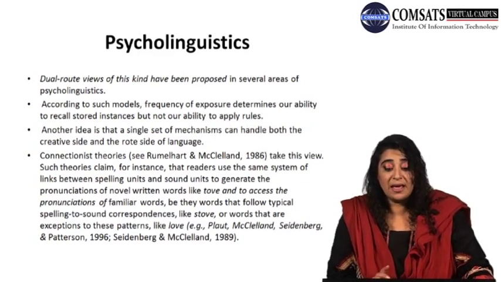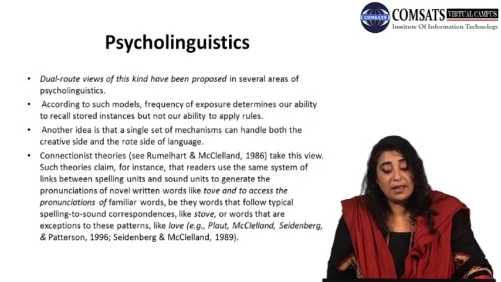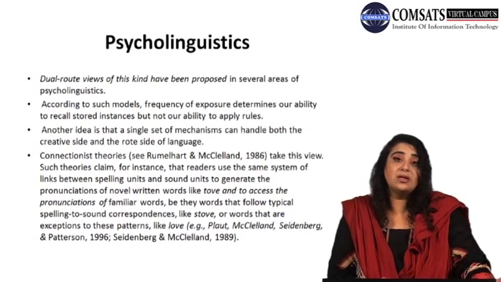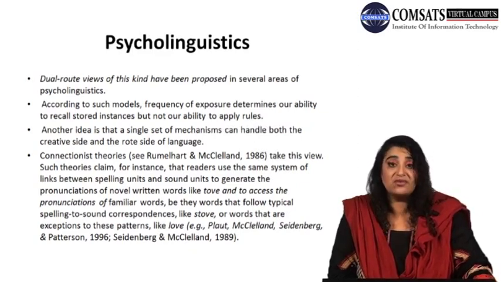Now, be they words that follow typical spelling to sound correspondence. How can we distinguish the sounds and pronounce it properly? Because we follow the typical spelling to sound correspondence, or things that we already know that are related to a similar pronunciation, like stove.